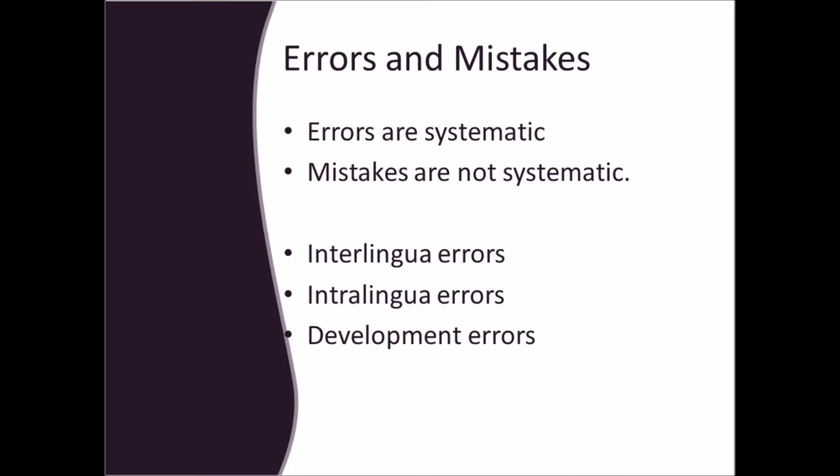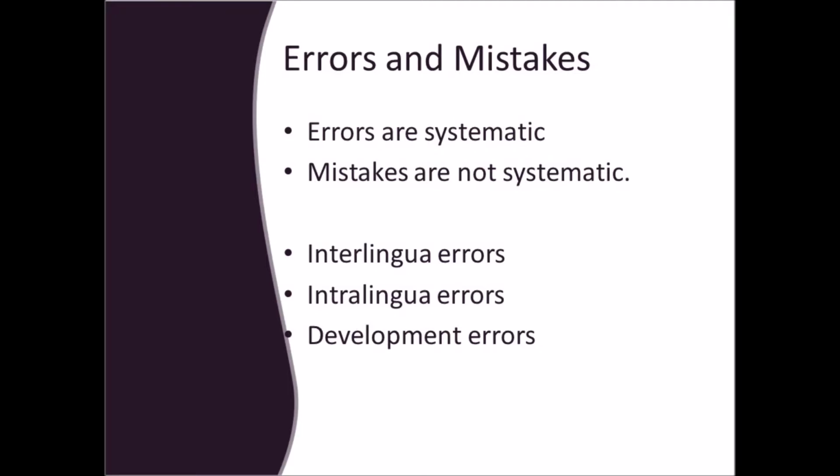Errors and mistakes. While errors are systematic, mistakes are not. Errors reveal a portion of the learner's competence in the target language, and a mistake is a performance error that is either a random guess or a slip. Errors may be the result of interlingual transfer, context of learning, or communication strategies.